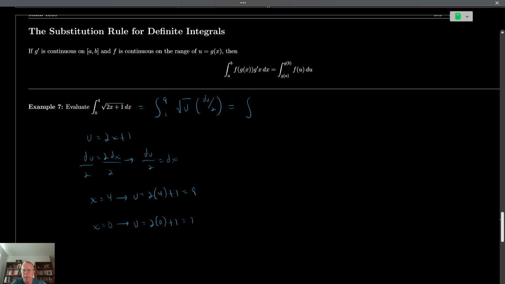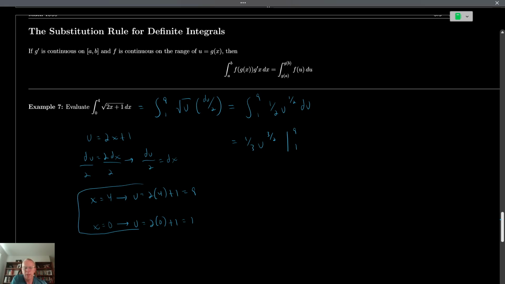All right, so let's write that in a nicer way to make it easier to integrate. And we did this in the last one, so I won't spend a lot of time. We end up with 1/3 u to the 3/2. And now we're going to integrate this from 1 to 9. So you don't have to do a substitution back to x when you're evaluating limits of integration, as long as you do this part.